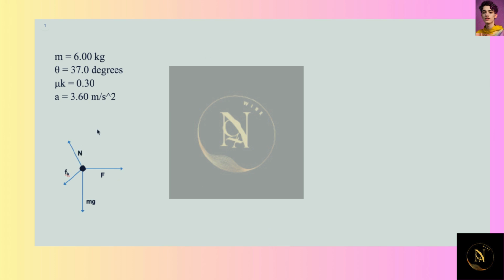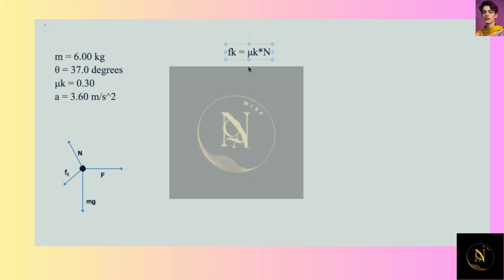So let's first consider the forces that we have here. We have the force of friction. So let's explicitly write out that our friction force is going to be kinetic friction since the box is moving. So it's going to be our coefficient of kinetic friction times the normal force.